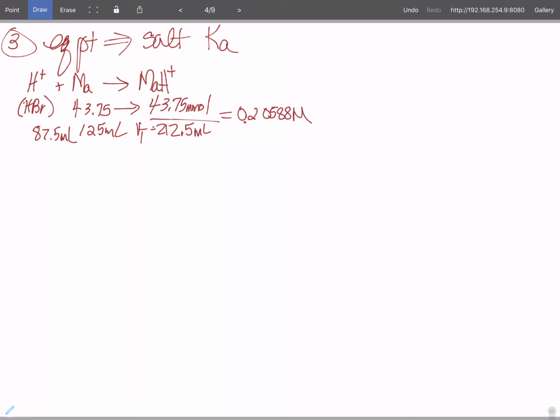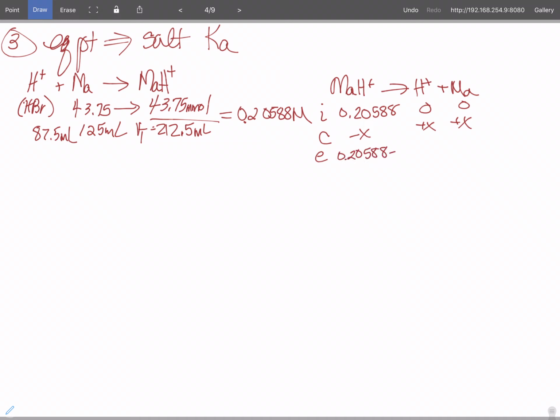Okay, so we're looking at MAH plus dissociating into H plus and MA. Initially we're going to have 0.20588 here, 0, 0. Changes minus x, plus x, plus x. Our equilibrium values are 0.20588 minus x, x, and x.